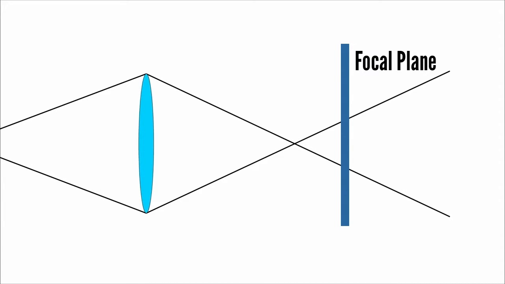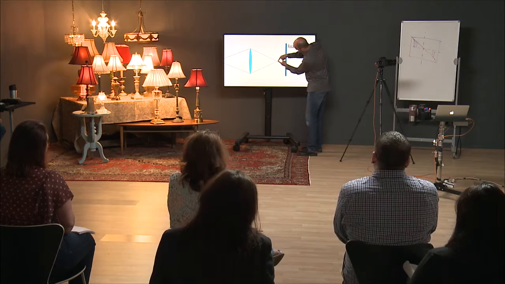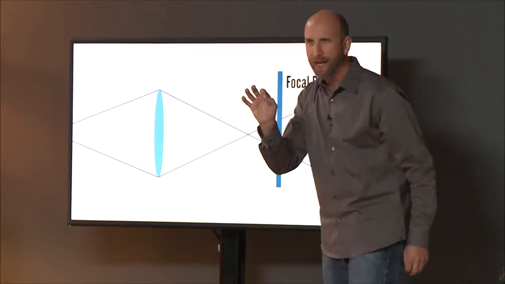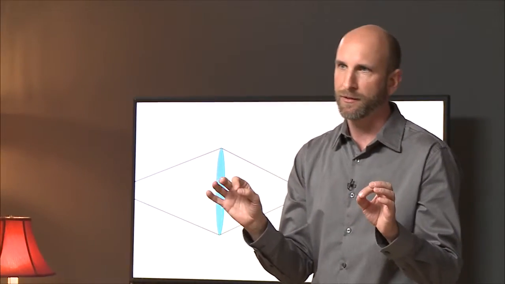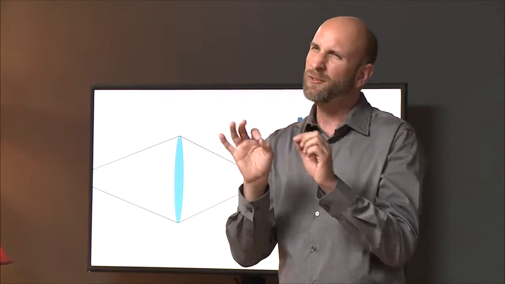Now how does that apply to depth of field and bokeh? Well, this little cone right here, if it's resolved exactly on the sensor, we get something that's clear and it's in focus. But sometimes it doesn't have to be exactly right.